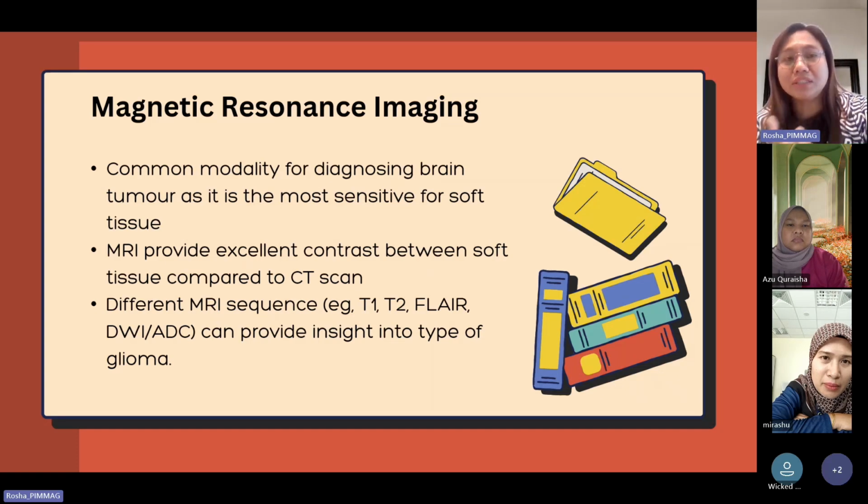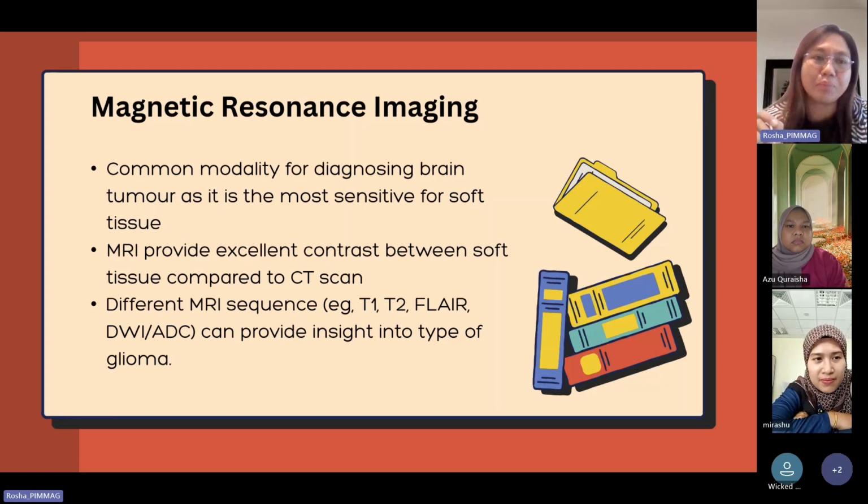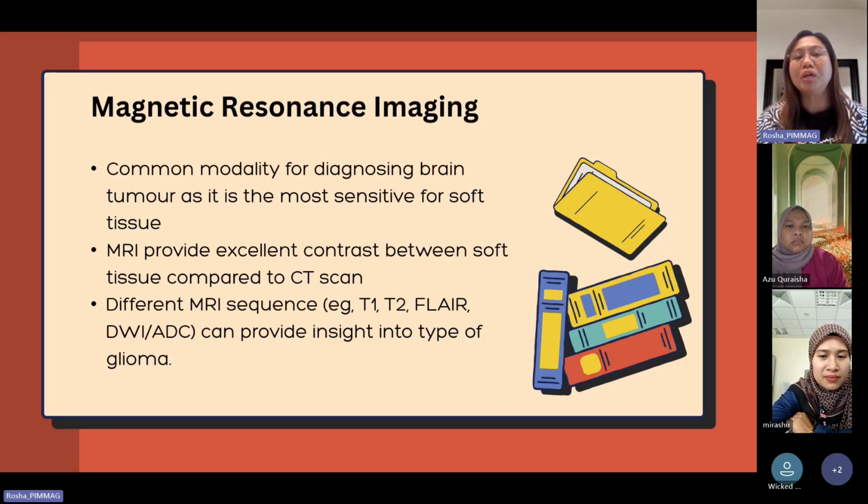Surgery is to remove as much tumor as possible without damaging the healthy brain tissue. Other than that, radiation therapy after the surgery is also one of the options to destroy any remaining tumor cells, followed by chemotherapy to stop the cancer cells from growing. Other than that, there is also targeted therapy, which is a drug that targets specific molecules involved in tumor growth.